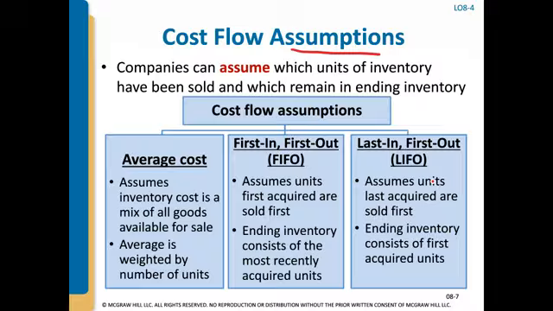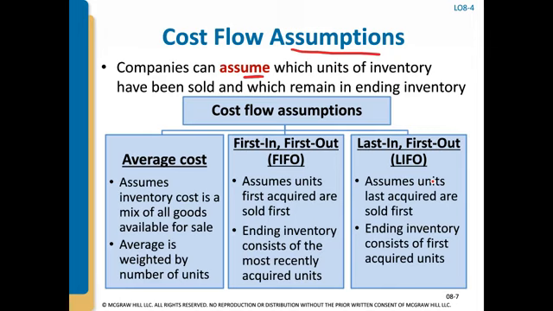But that is very costly and only used by very few companies. So most other companies use one of these three other methods, and each of these methods assumes which units of inventory have been sold and which remain in inventory.